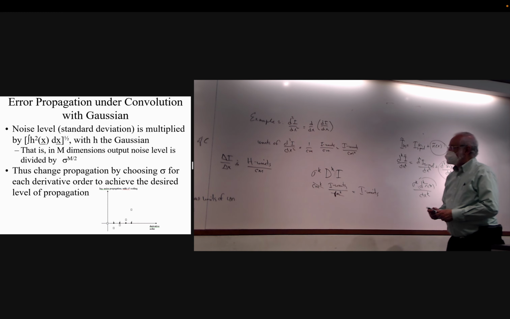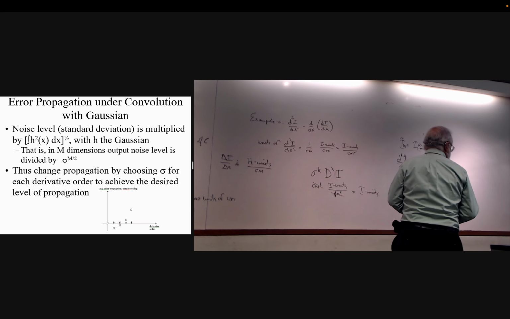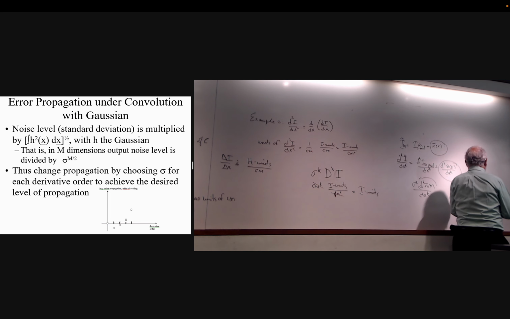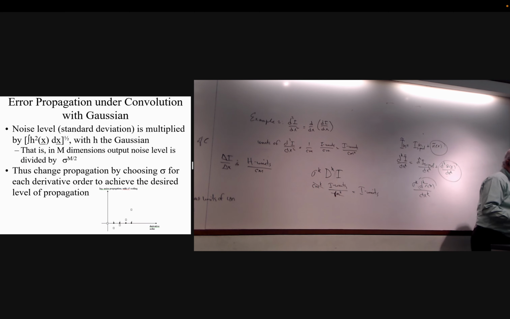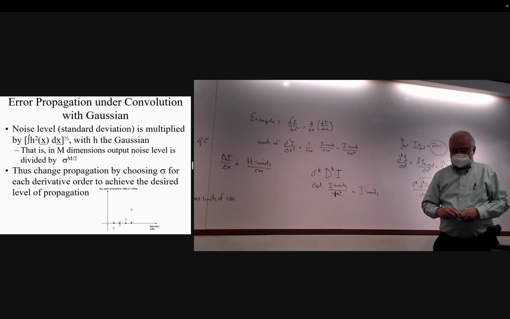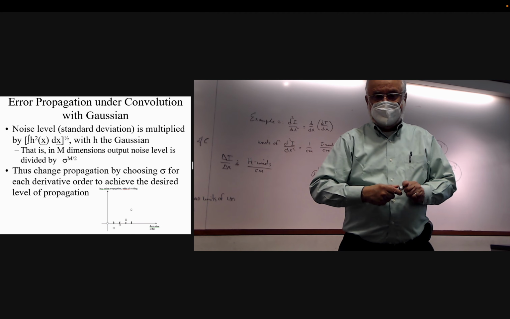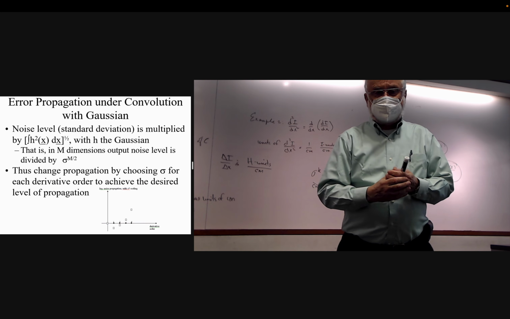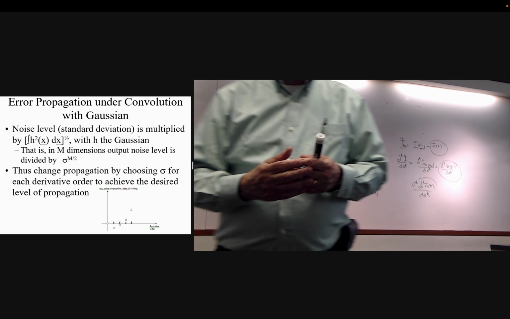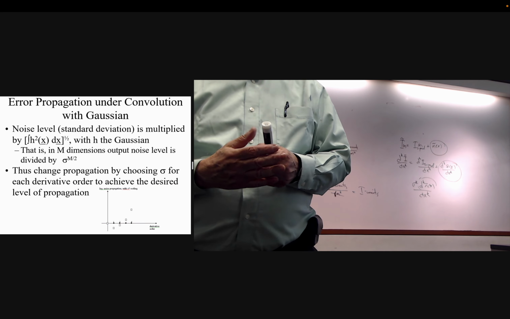Well, we've talked about the fact that the noise level in an image starts out as being white, typically, before we do any operations on it.